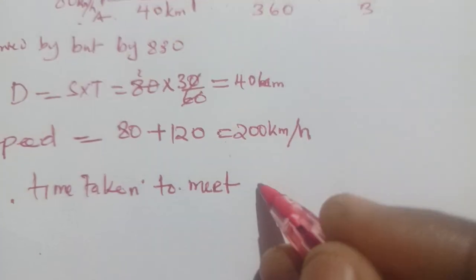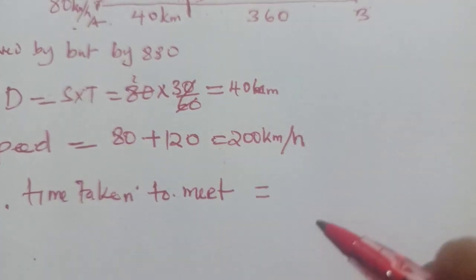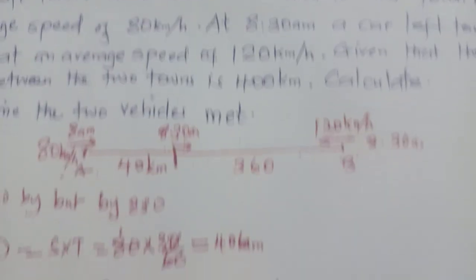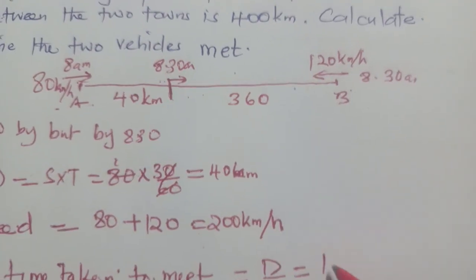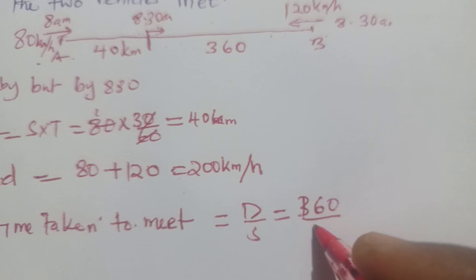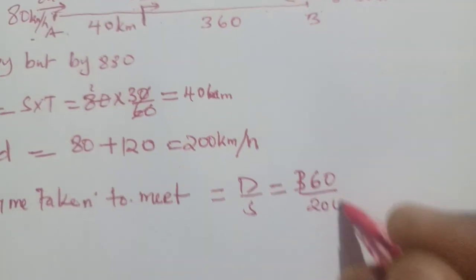So in this case, the time taken to meet, of course, I know time is distance over speed. Now we take the common distance when they are both traveling, 360 over 200.